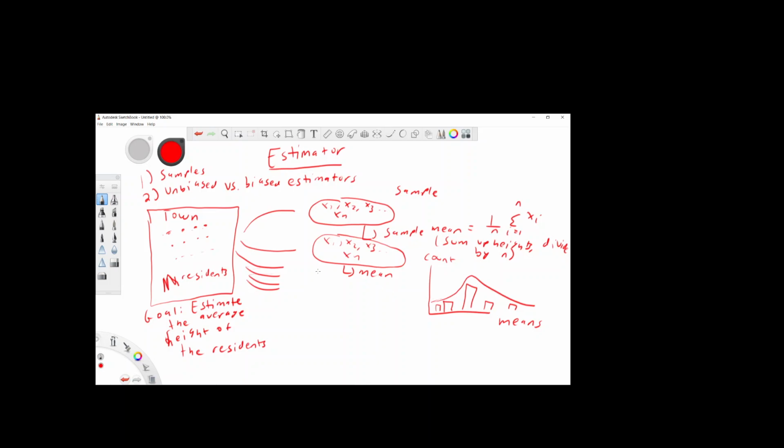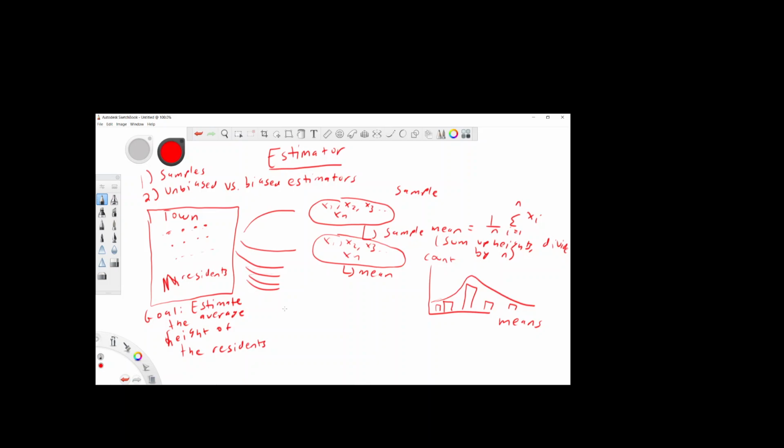Because when we have more and more samples, then we're going to be more and more confident about our estimate of the population mean. And we're assuming in this case that the average height of the residents in this town is unknown, and we're trying to figure that out. So if we take these samples and repeat this process over and over, we can get a decent estimate of the population mean.